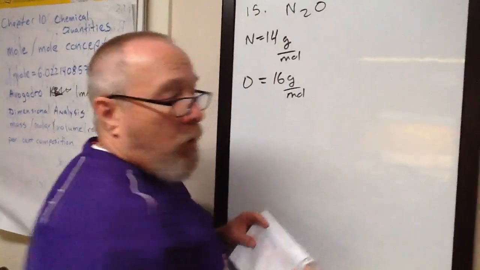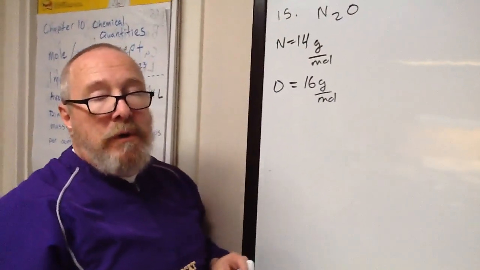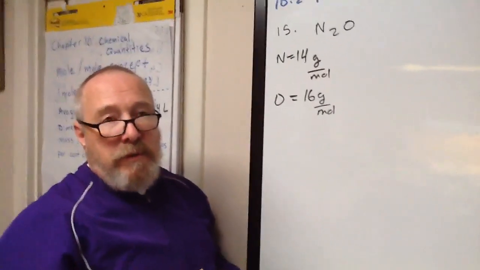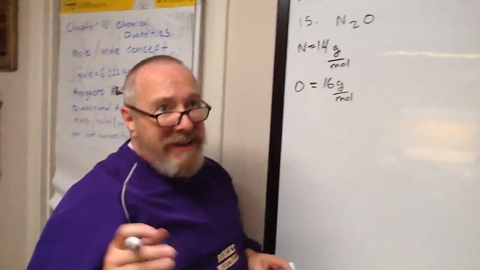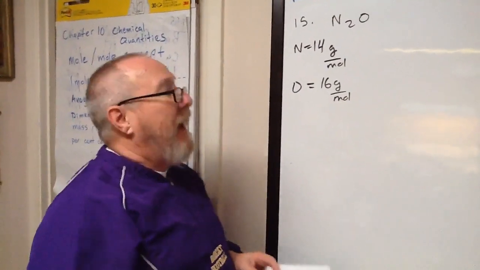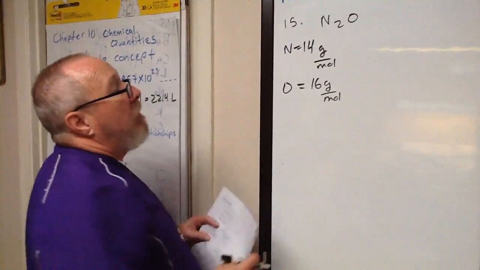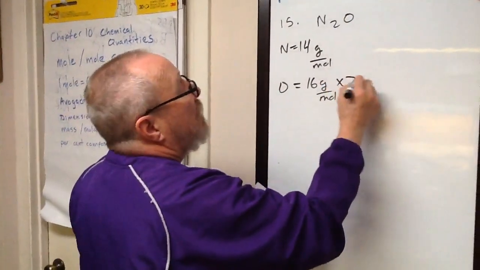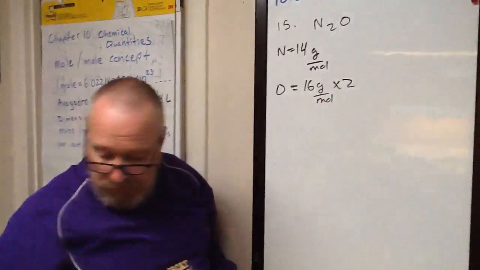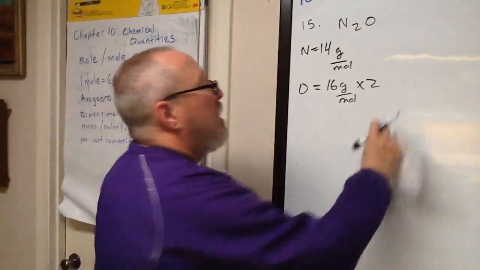Actually 16.0. If you look at your periodic table, it'll say 15.999 and some more numbers after that. But that's 16.0. But there's 2 nitrogens.